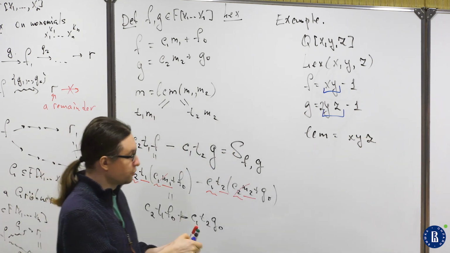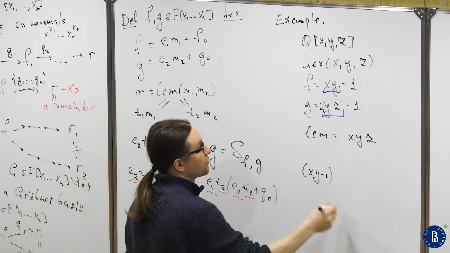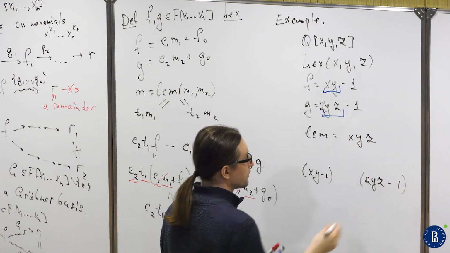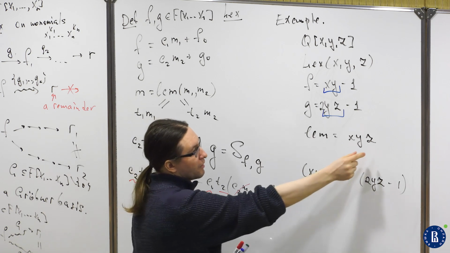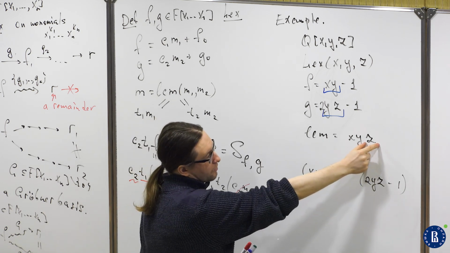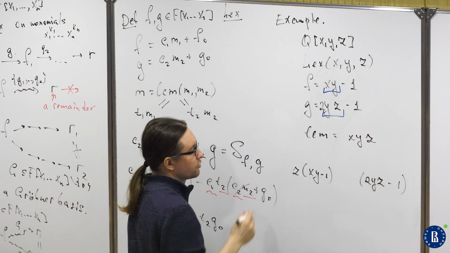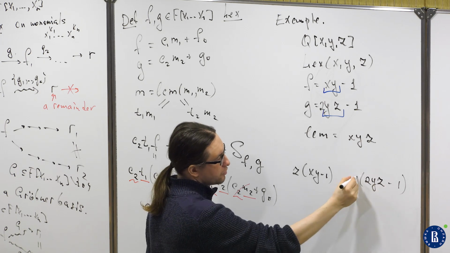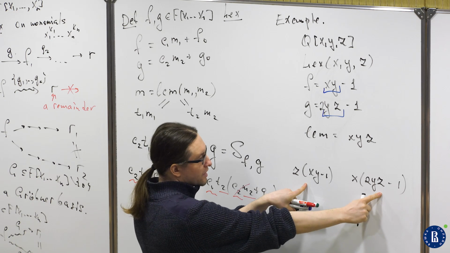Now, what should we do by definition? We take f, which is xy minus 1, and g, which is 2yz minus 1. We multiply each polynomial by a monomial to get the least common multiple. Here we should multiply by z, and here, in order to get the least common multiple, we should multiply by x. Now the leading monomials of these two polynomials are the same.